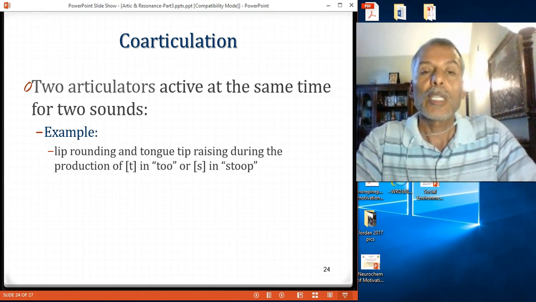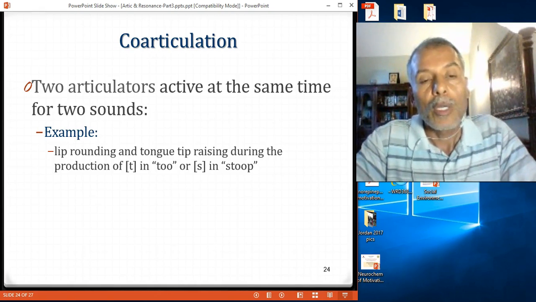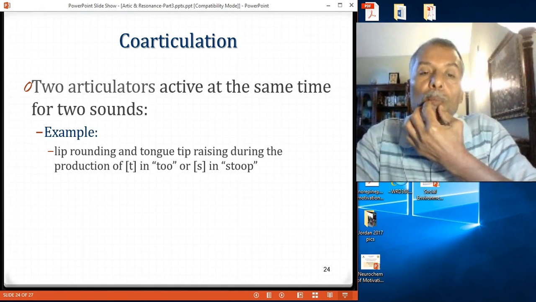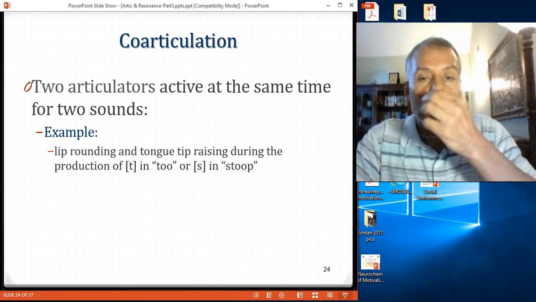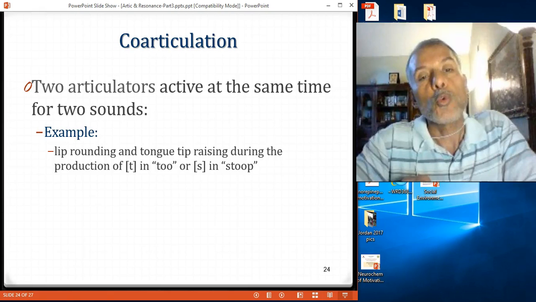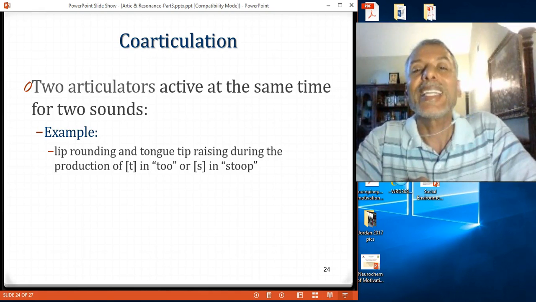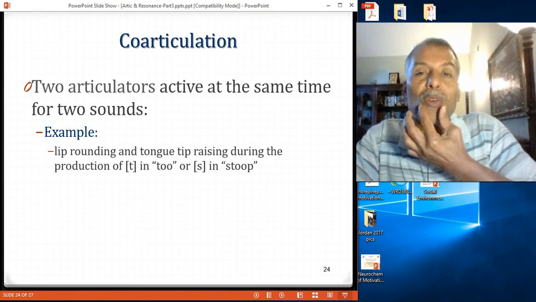So when you say "two," before you start to say the word, you are going to round your lips when you say the T. When you want to say the word "stoop," you notice that the S is immediately rounded, before you even say the U. If you want to say the sound K, and then say "key," before you say the whole word, your lips are retracted.